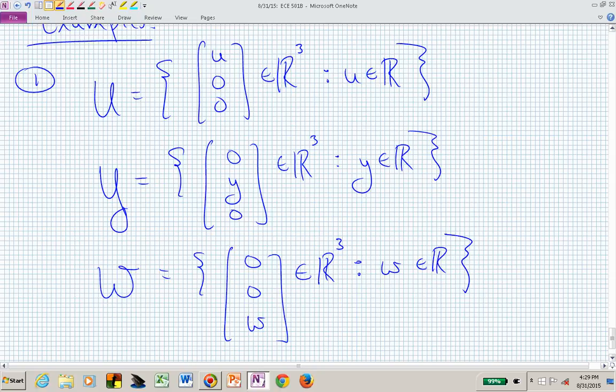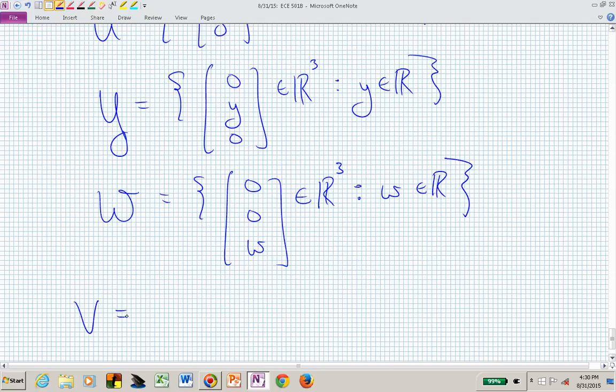And in fact, it's a direct sum. Any point, let's say X, in R3 can be uniquely written as some combination of vectors coming from each of those three subspaces. In this case, V, which is all of R3, is U plus Y plus W.